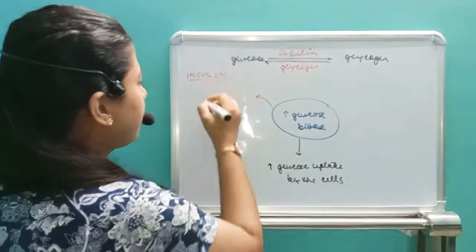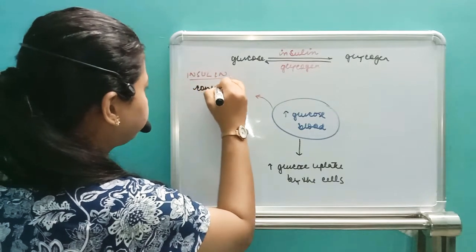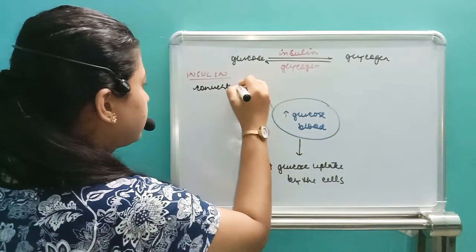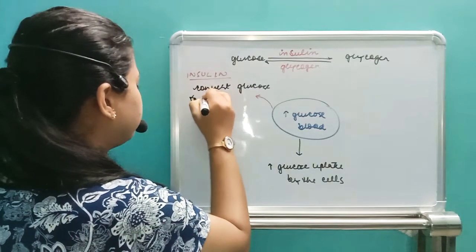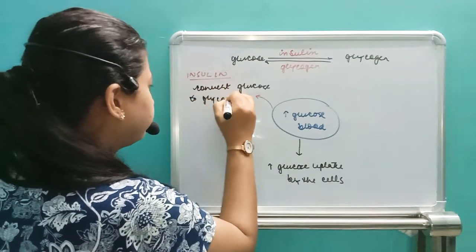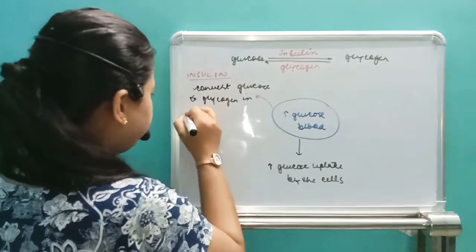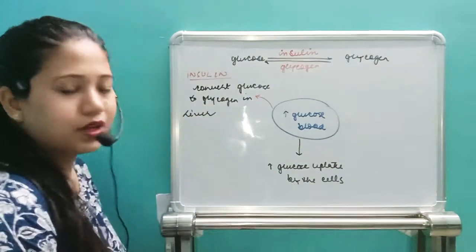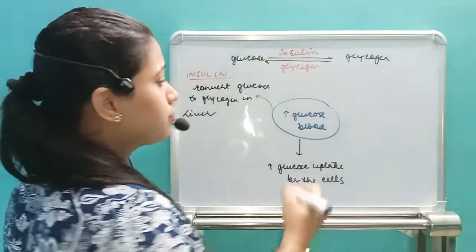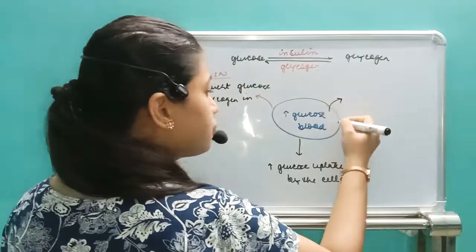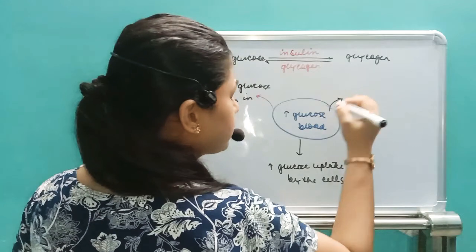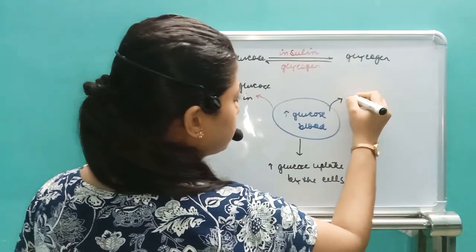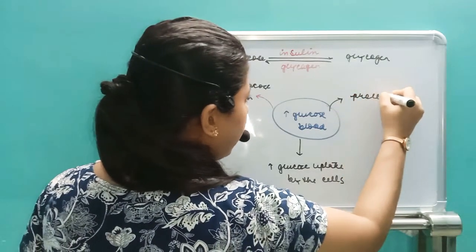Now next one, it will convert glucose to glycogen in the liver. Okay, next one, if you have more glucose, then it will also have another function, that it will help in conversion of glucose into protein and fats.